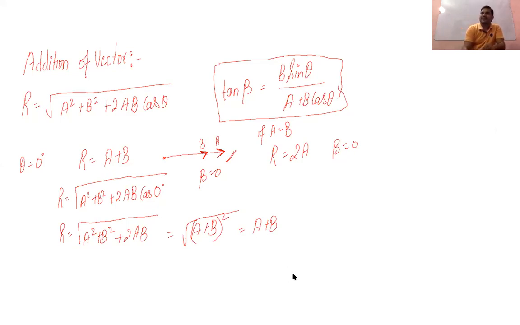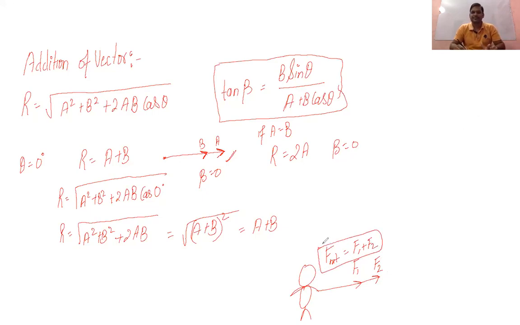Let's say this is a pole, and two persons are pulling the pole by forces F1 and F2. Because F1 and F2 are at 0 degree, F net will be F1 plus F2. Is it clear or not? Yes, sir.